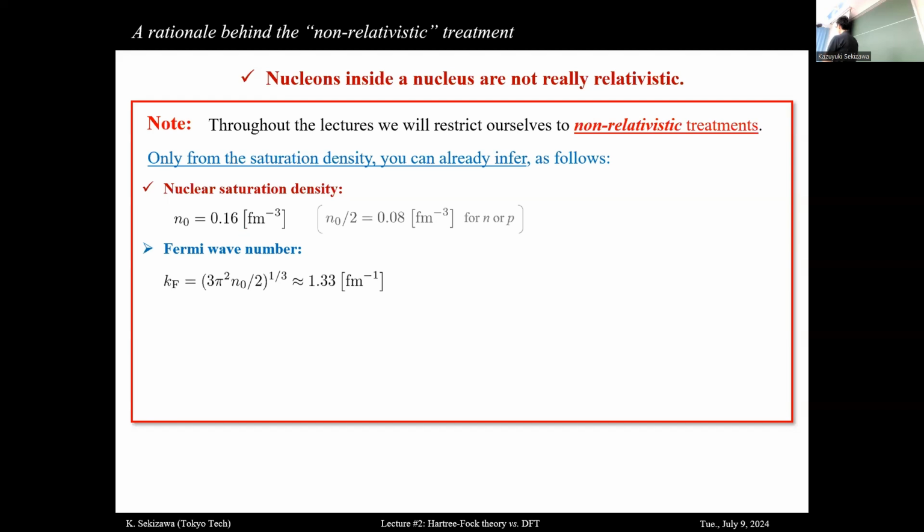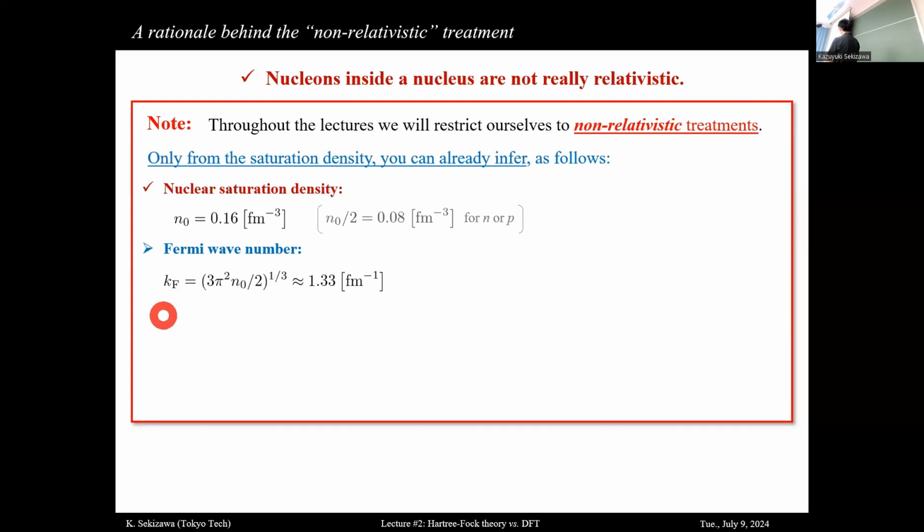Now using the Fermi gas model, you can readily derive the Fermi wave number. As you know very well, this is related to (3 pi squared n0 divided by 2) to the power 1/3.